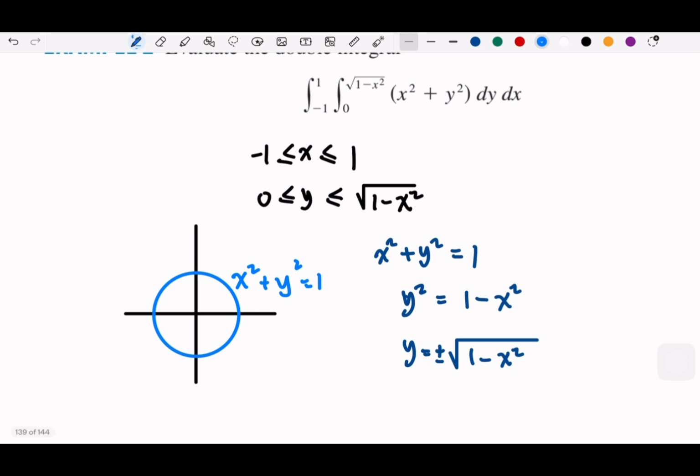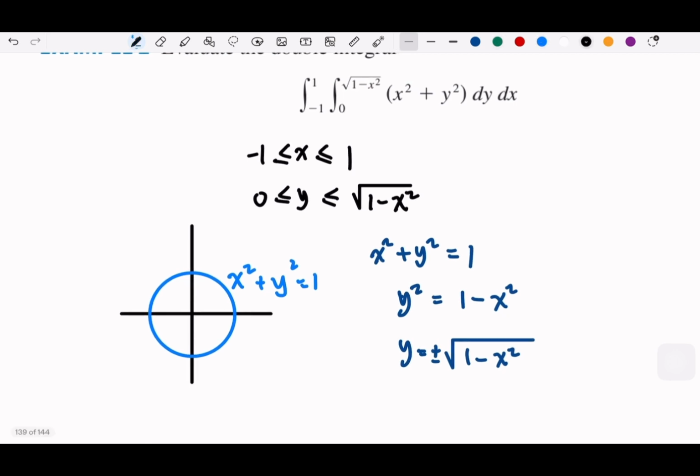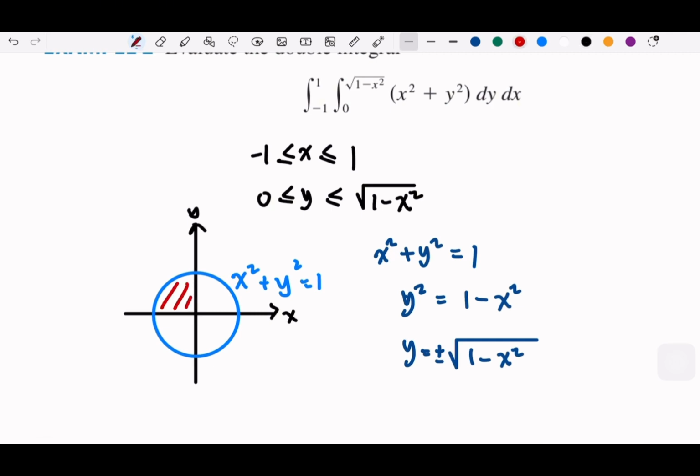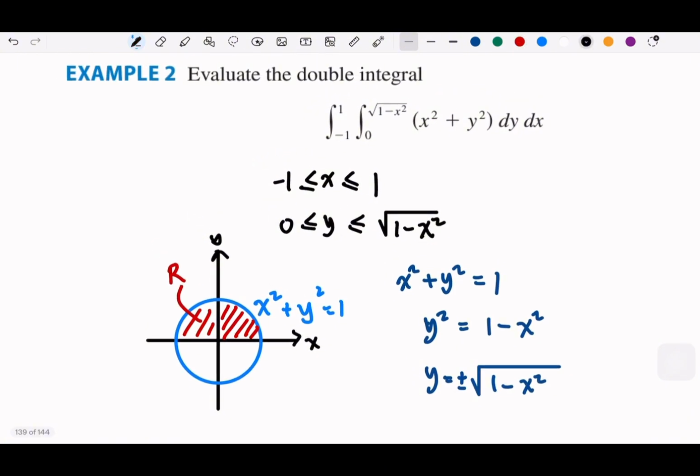And because we established y is positive here, the region will be from x negative 1 to 1, and from y equals 0 to this curve. Okay? So this will be the region. So this is the R.